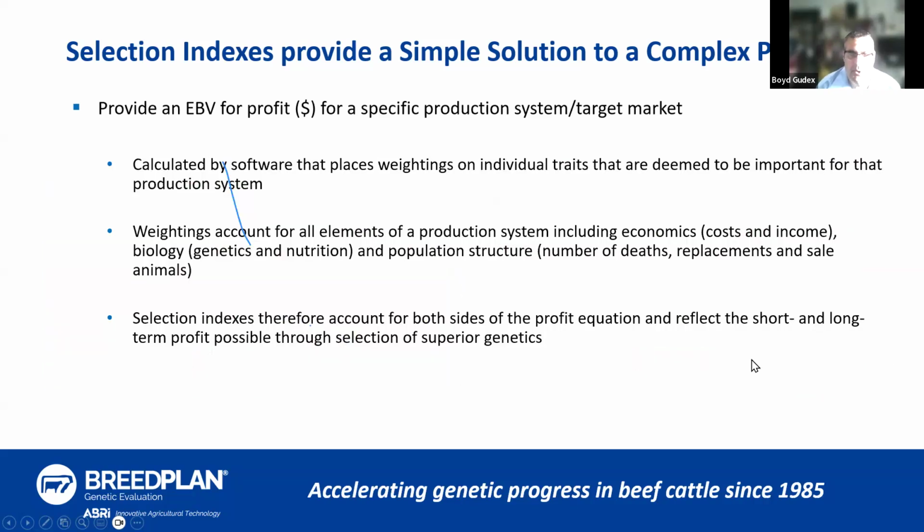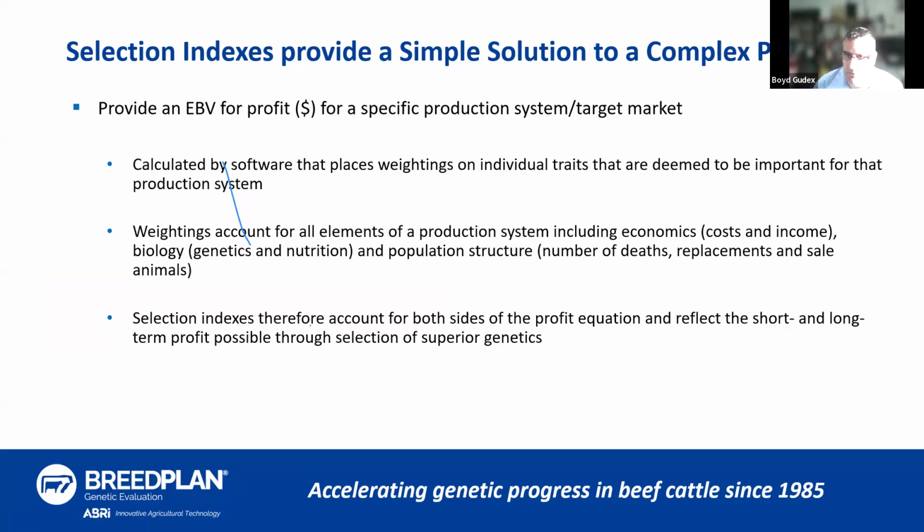They're calculated by software that places weightings on individual traits that are important to the production system, and they account for all aspects of the production system. That includes economics, so each trait does have a cost, and often an income involved. There's genetics and nutrition influences, and there's population structure.